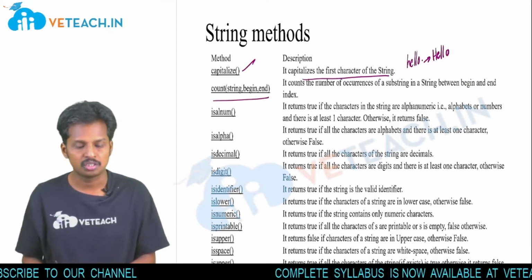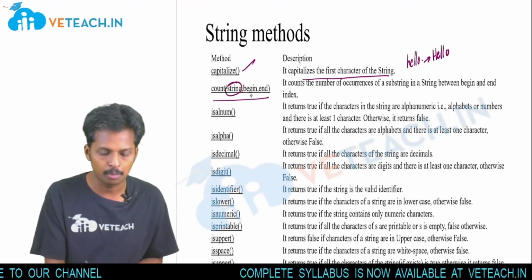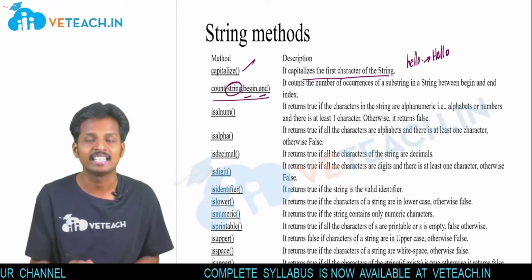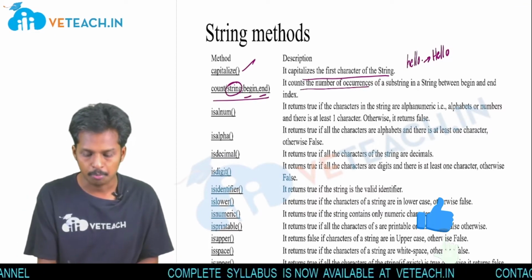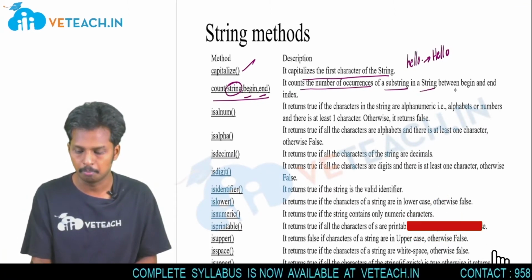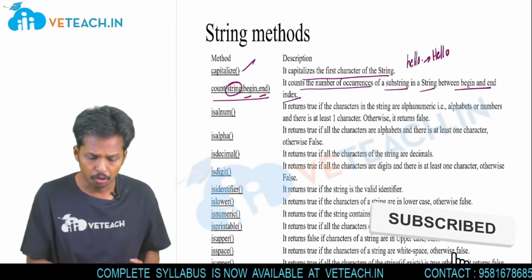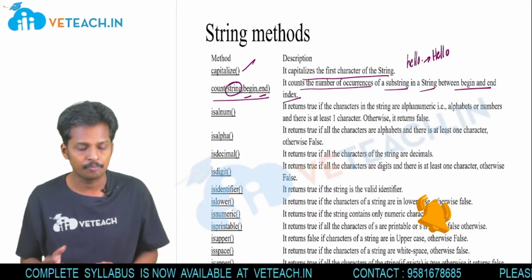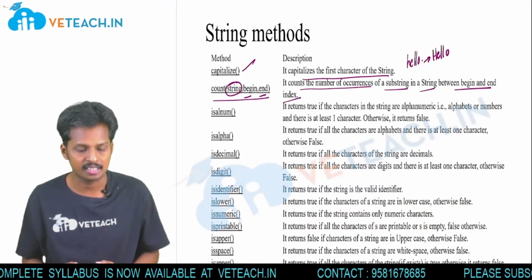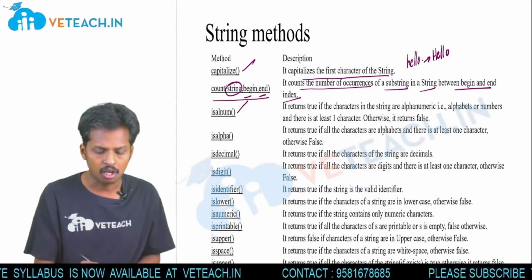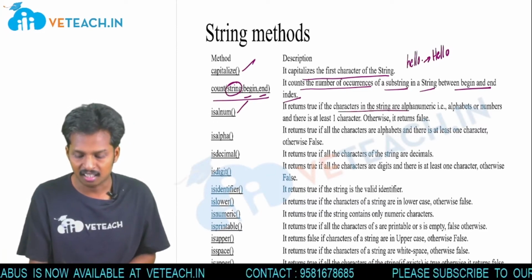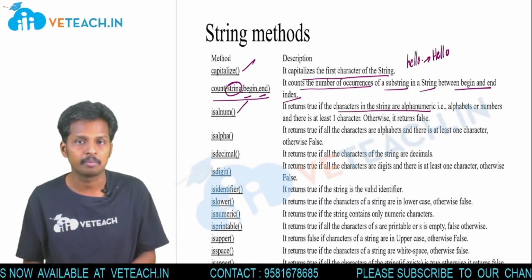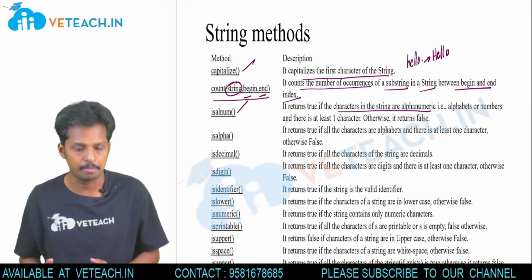Next, count. Count is used to check how many times a substring is present between the start index and the end index. It counts the number of occurrences of a substring in the string between begin and end index. Next, isalnum. It returns true if the characters in the string are alphanumeric, meaning if it contains alphabets or numbers, it's fine.